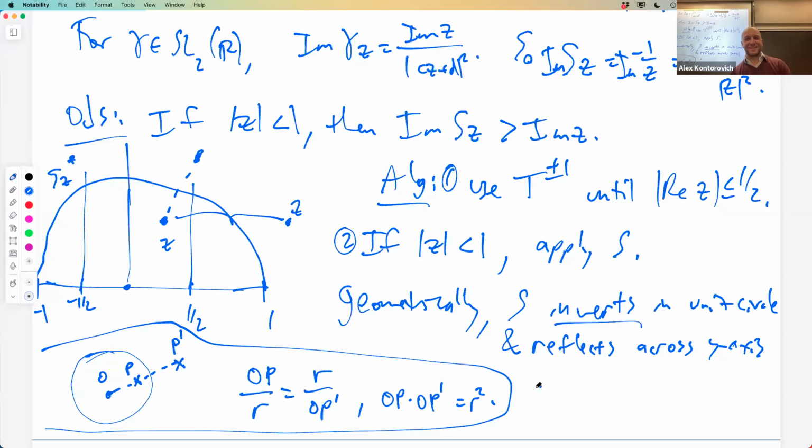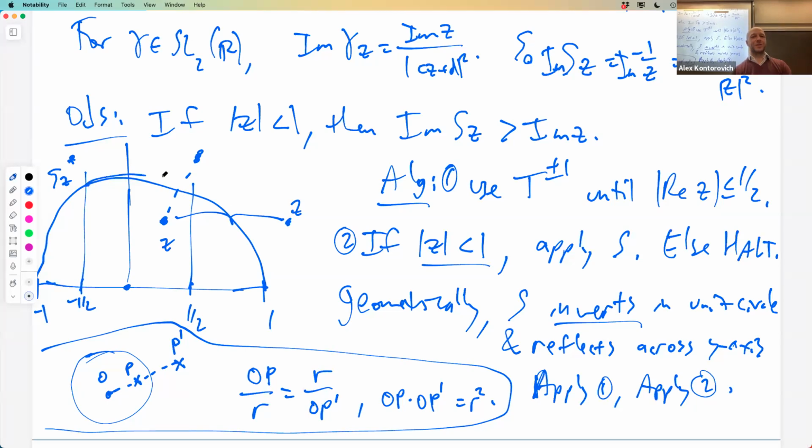And then apply 1 and apply 2. Oh, if we're not inside the unit circle, we can just stop. Else, halt. So if we're outside the unit circle, but inside minus a half, as we got with step 1, I claim halt.